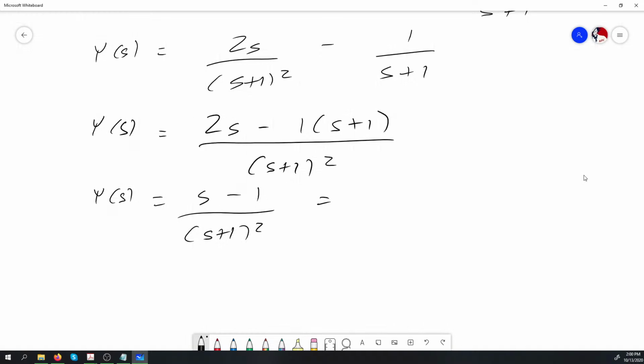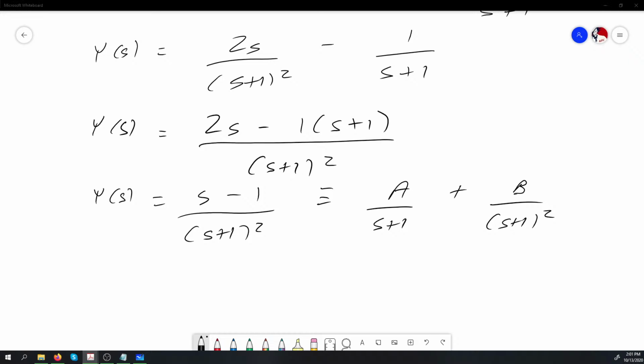And in partial fraction, this will be similar to a divided by s plus 1 plus b over s plus 1 all squared. So let's actually use our partial fraction calculator to resolve this for us.